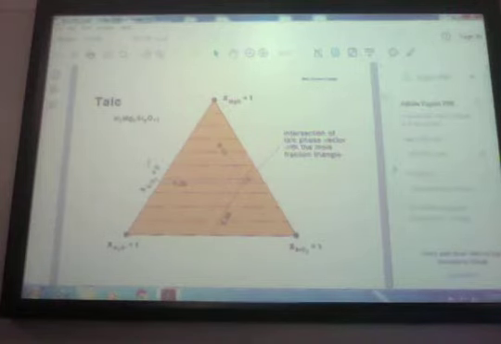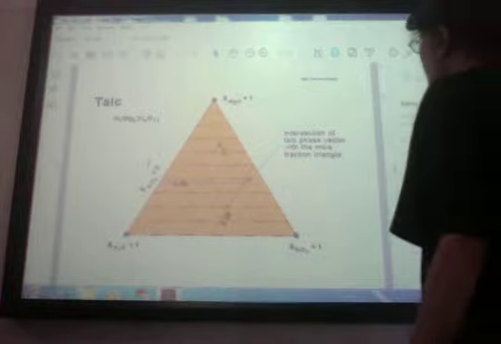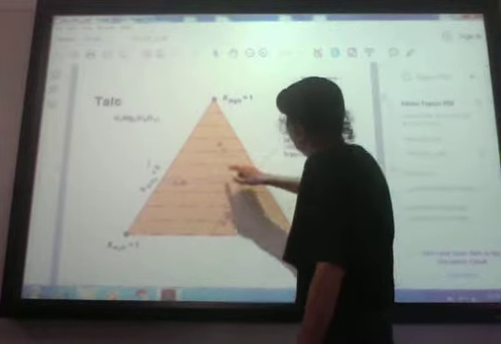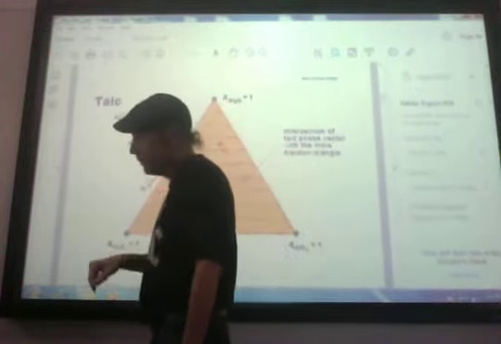Just let me know when you are ready with the triangle. So the lengths of all the axes should be the same. That means A, B, C have the same length. And the angles between them should also always be the same. So this angle should then be 60 degrees.